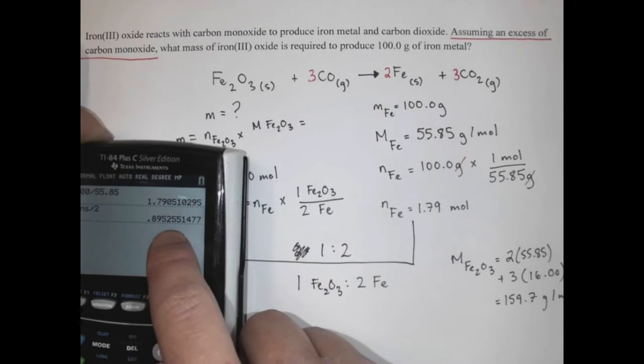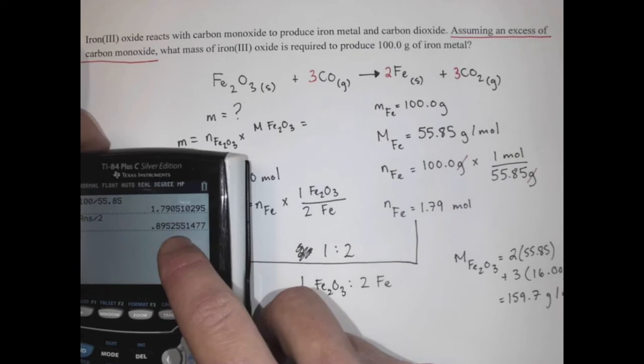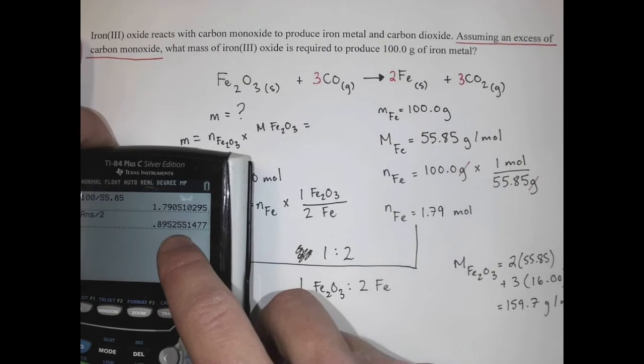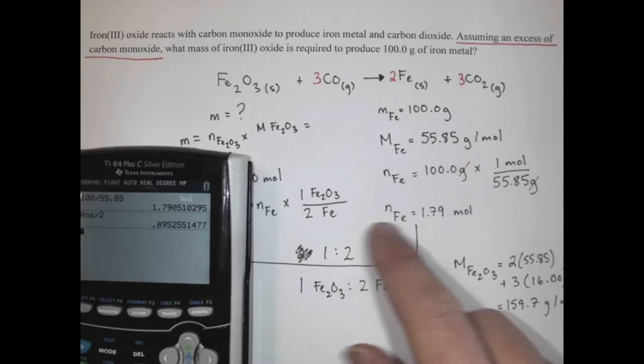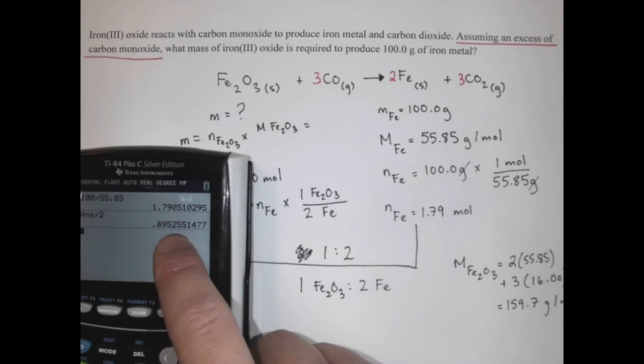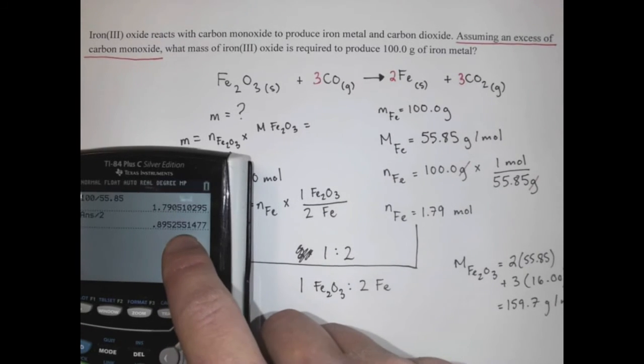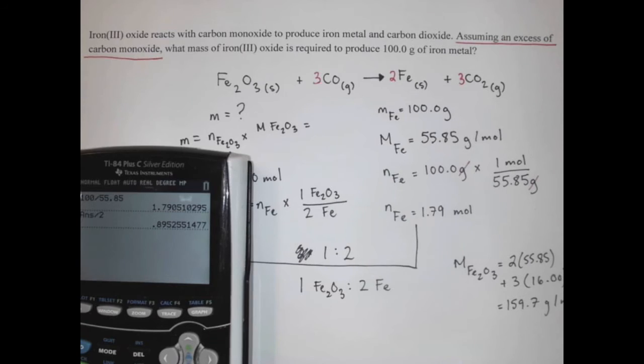So this represents how many moles of iron 3 oxide we have or are required to produce this much iron. And now we need to multiply this number by the molar mass, because we have to figure out how much this mole amount of iron weighs. So take this number and multiply it by our molar mass of iron 3 oxide, which is 159.7.